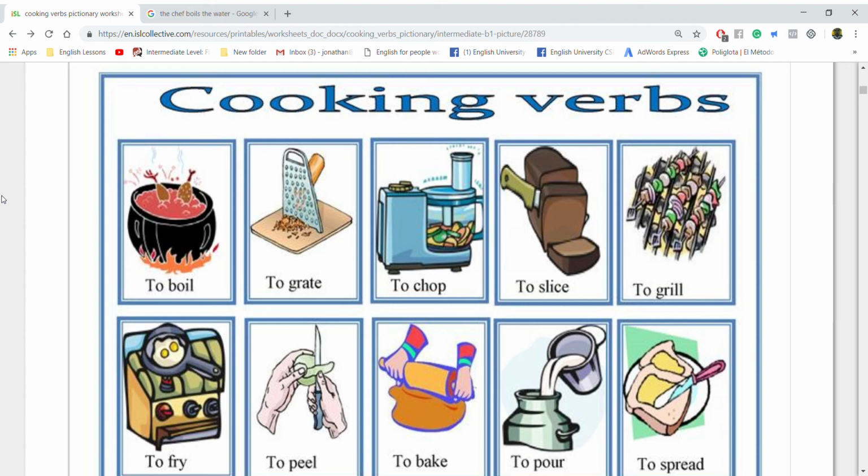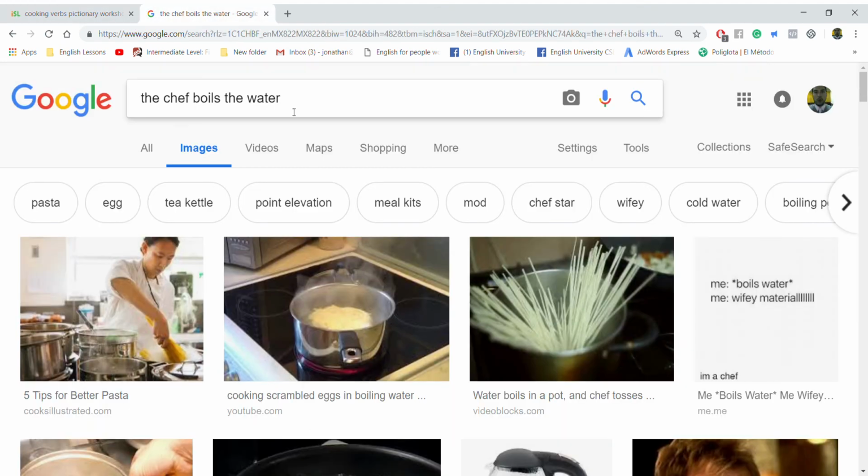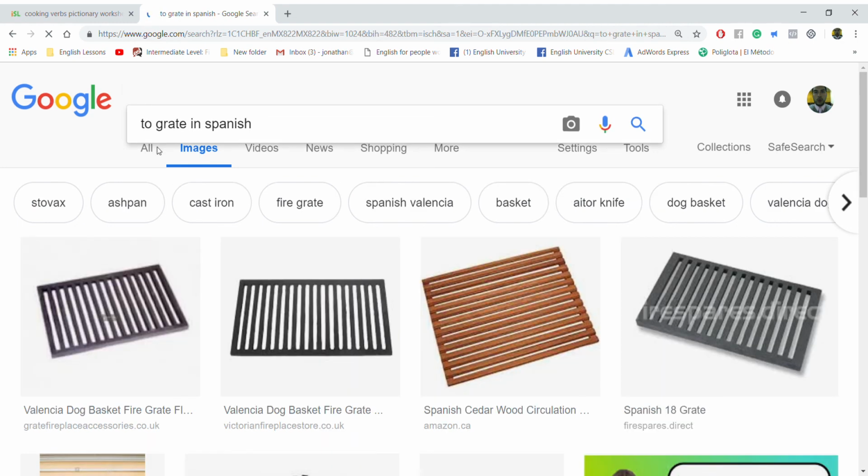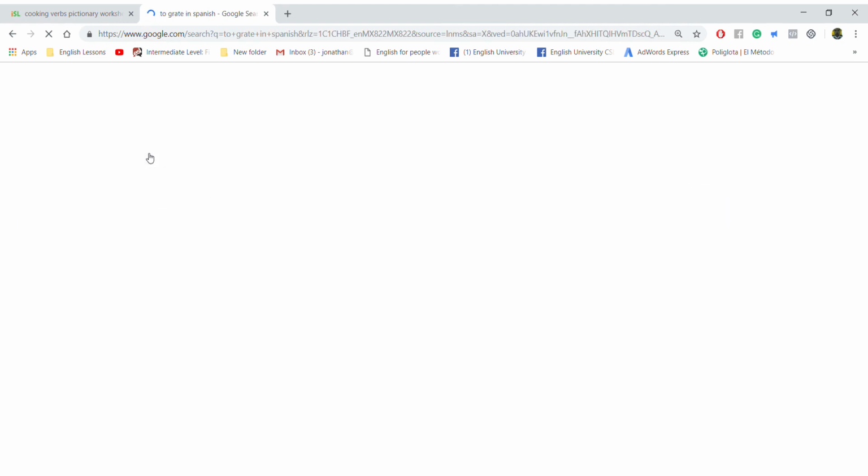To grate. Repeat. To grate. Excellent. So, first step. First, in Google, in Spanish. Number 1. To grate in Spanish.